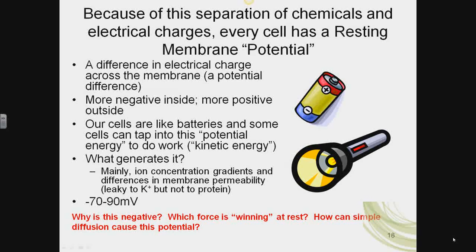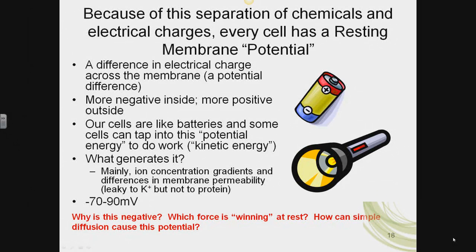Okay, I'll tell you. It depends on the cell, actually. Different cells have different separation of charges to a greater or lesser extent. You can think of them as a more powerful battery or a weaker battery. On average, it's about minus 70 millivolts, which is not a very big number, but it's enough for many of your excitable cells to do amazing things for your body.